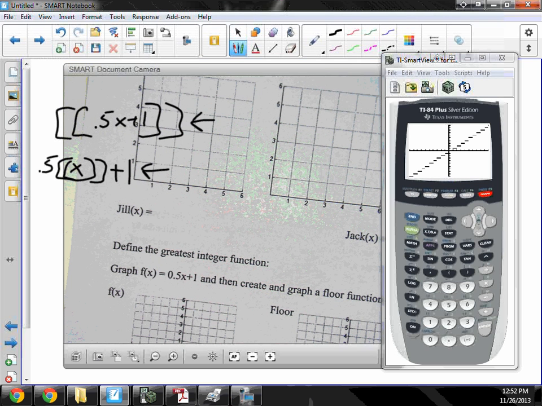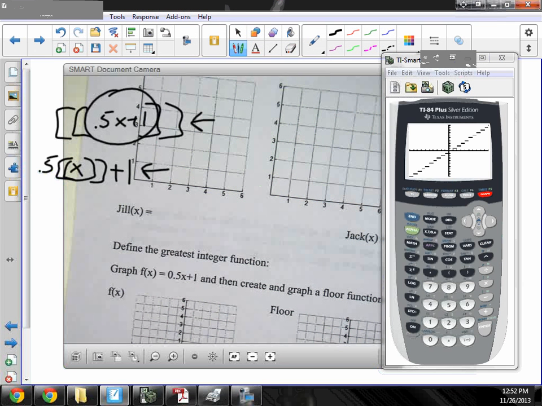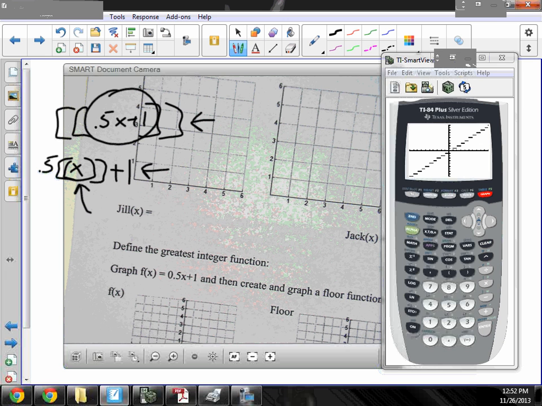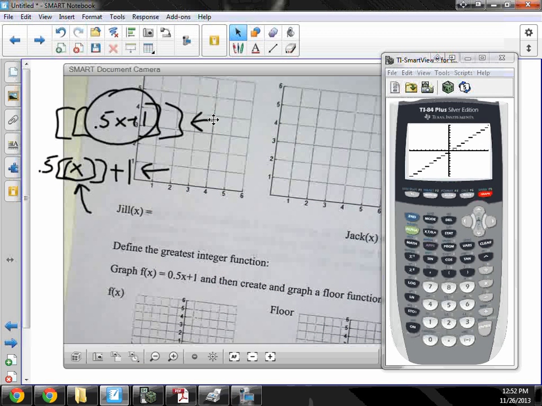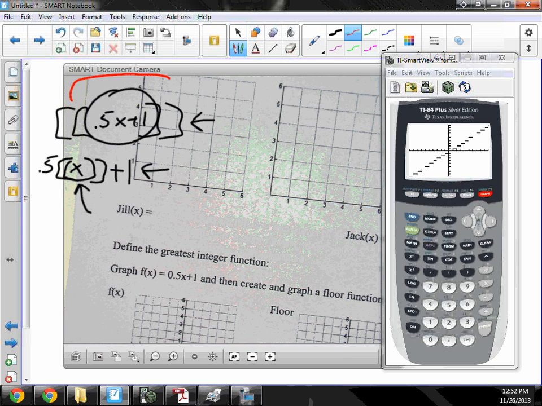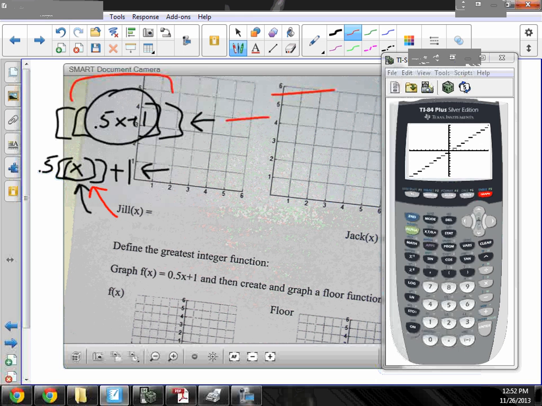Okay? So in the first one, I perform that calculation and then I spit out the integer. On the second one, I find the integer and then I cut it in half and then I add 1 to it. Okay? And in general, the way I remember it is these brackets are bigger, so the graph will be longer. These brackets are smaller, so the graph is going to be in small steps.